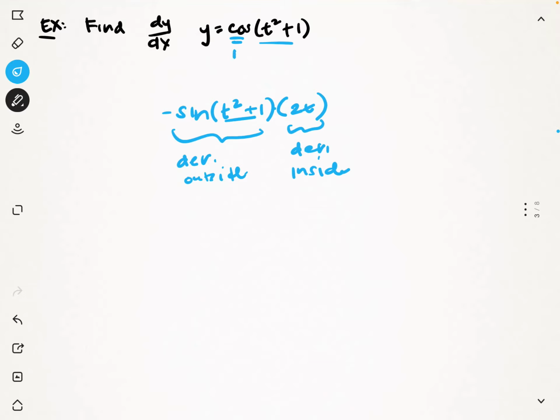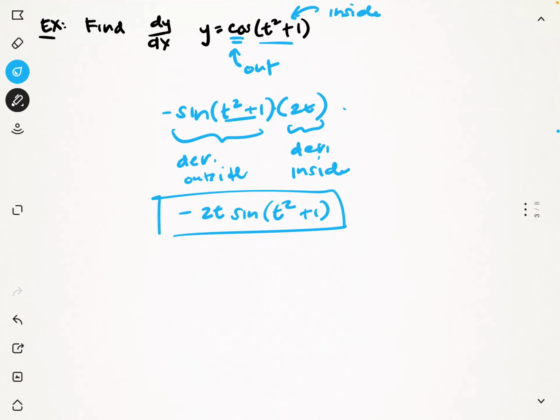Right, so this is our outside function, and then this is our inside function. Okay, and I guess the simplest form of this, if we wrote it in proper form, the 2t would come out in front. And then we should be good. This technically is okay, but usually we write it with the variables and stuff up front.